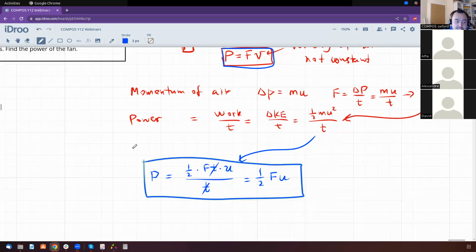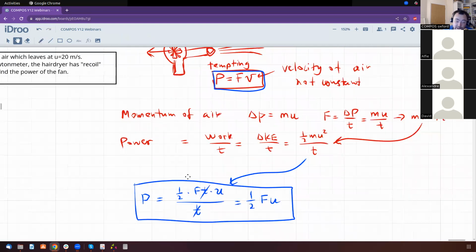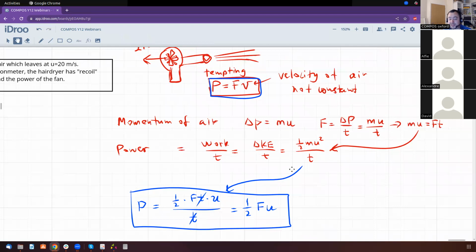You can argue that because the initial velocity is 0 and the final velocity is v, the average velocity is half v. That would normally work if you have uniform acceleration. But what I'm trying to say is, don't assume that you can use this formula. Velocity has to be constant.